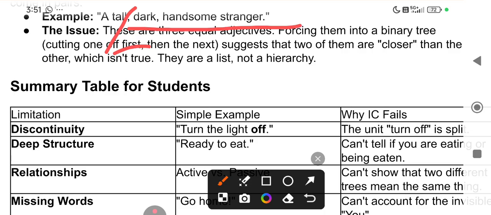Dark, handsome, stranger. So they are a list, not hierarchy. This is the list. This is not hierarchy.